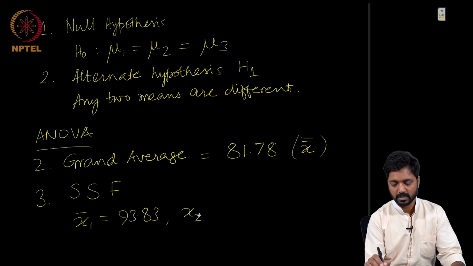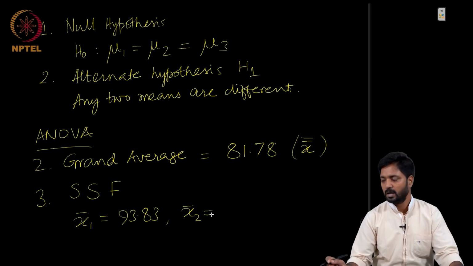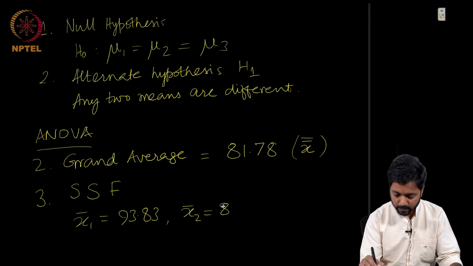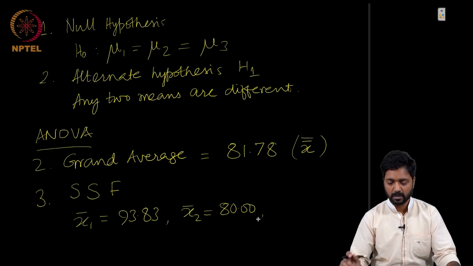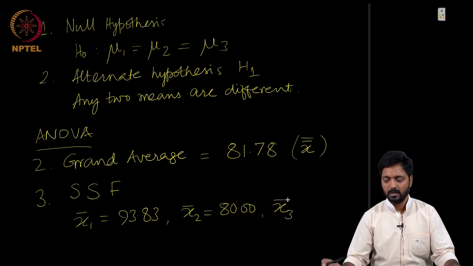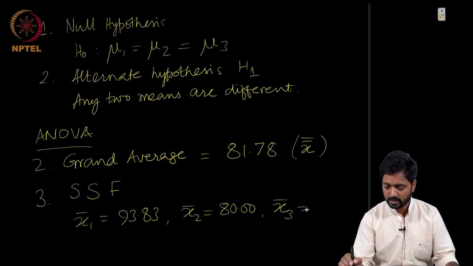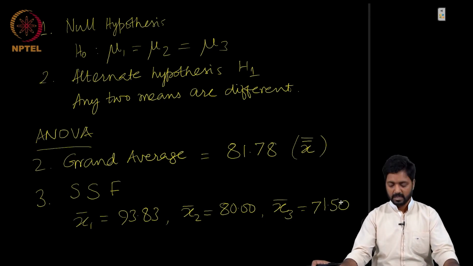Similarly, for the second data set, the average value turns out to be 80.00, and finally for the third data set, which is the clinical sample, we have the average value of 71.50.